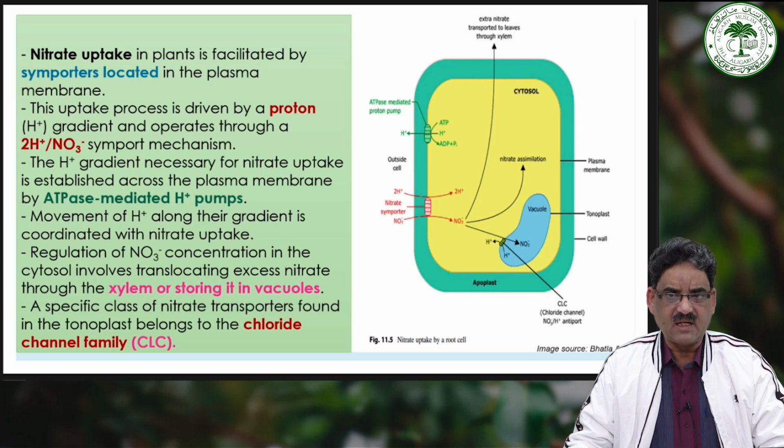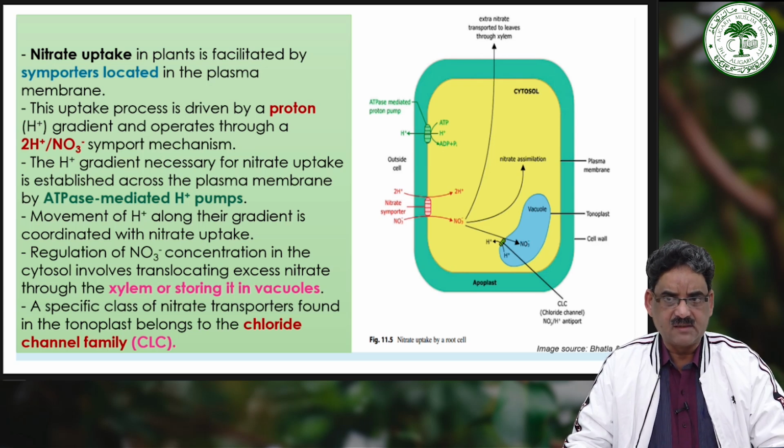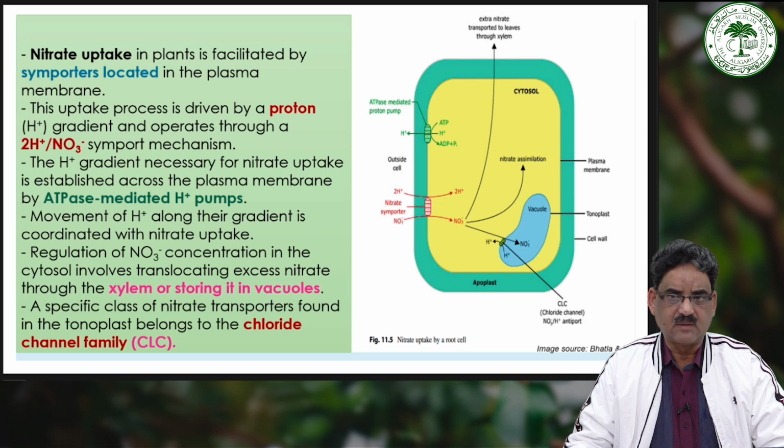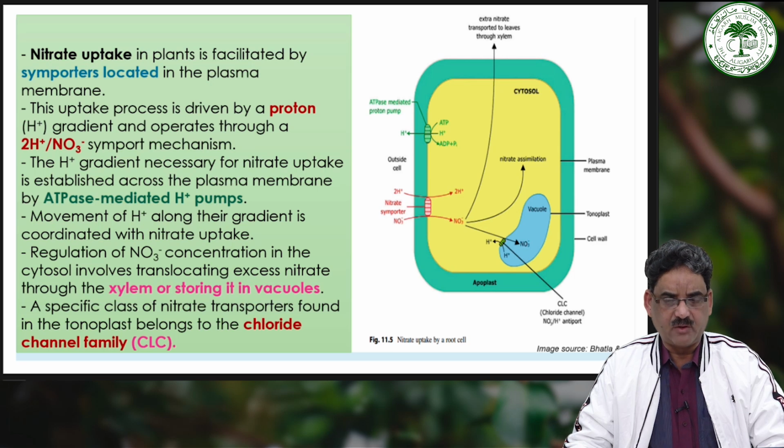The establishment of the hydrogen ion gradient across the plasma membrane is achieved by ATPase-mediated hydrogen ion pumps. The movement of hydrogen ions along their gradient is coordinated with the uptake of nitrate.